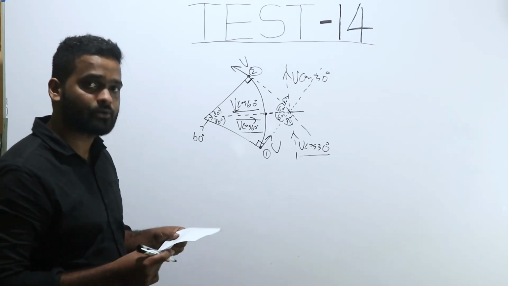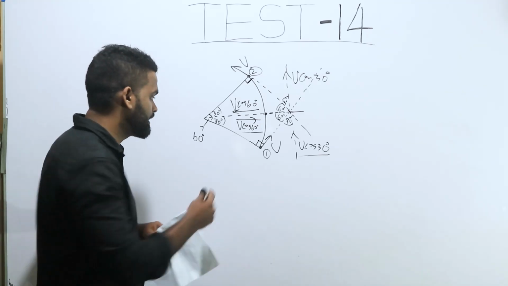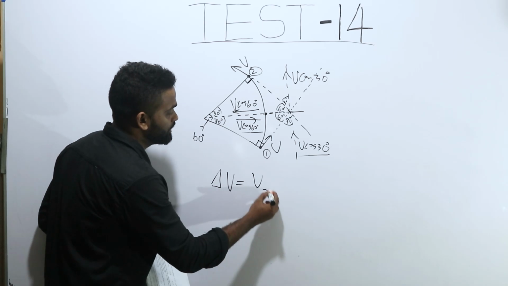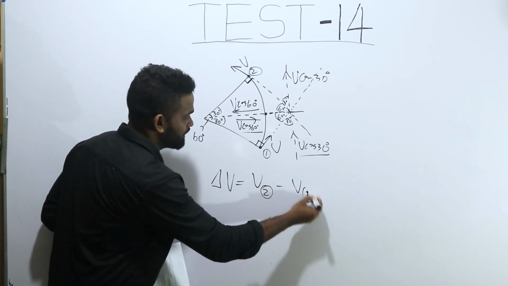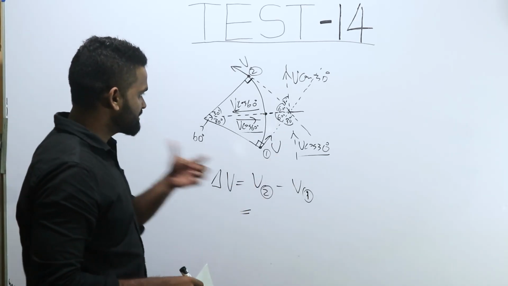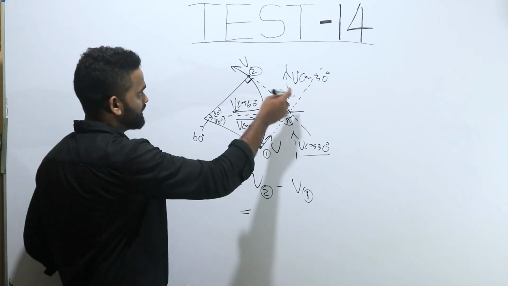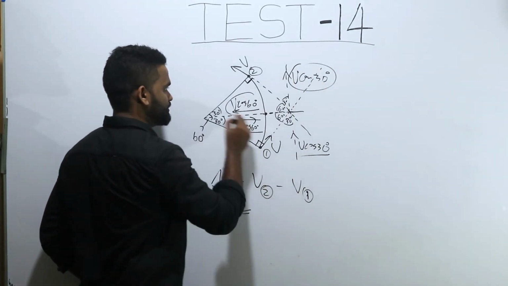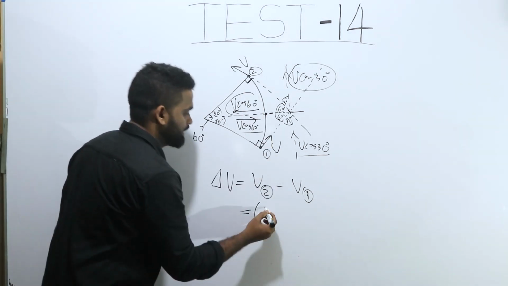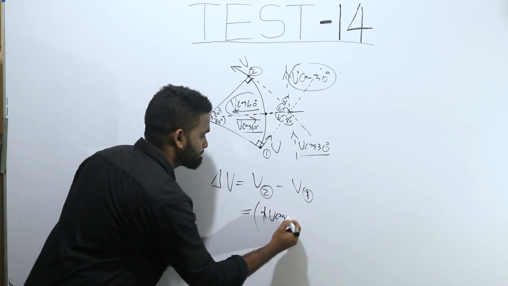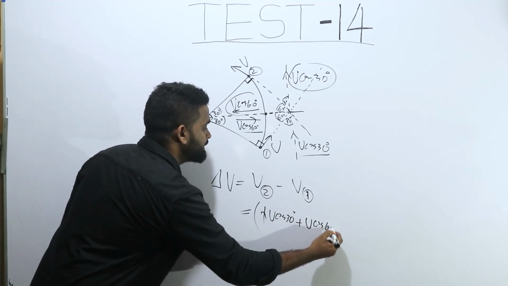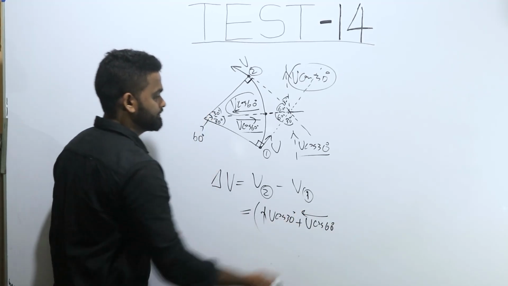Okay. Then we have to take the difference, as the question asks. So the difference of velocity is equal to, let's say, velocity at 2 minus velocity at 1. So velocity at 2, what are the components? This one and this one. Substitute with the directions. Upwards V cos 30 plus this velocity, V cos 60 towards the center.